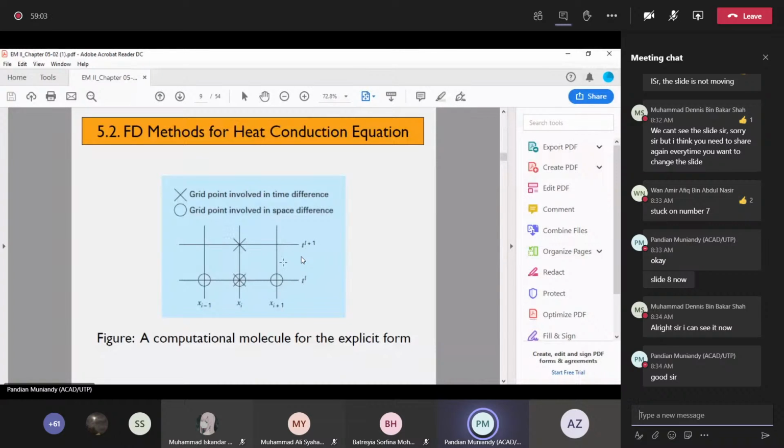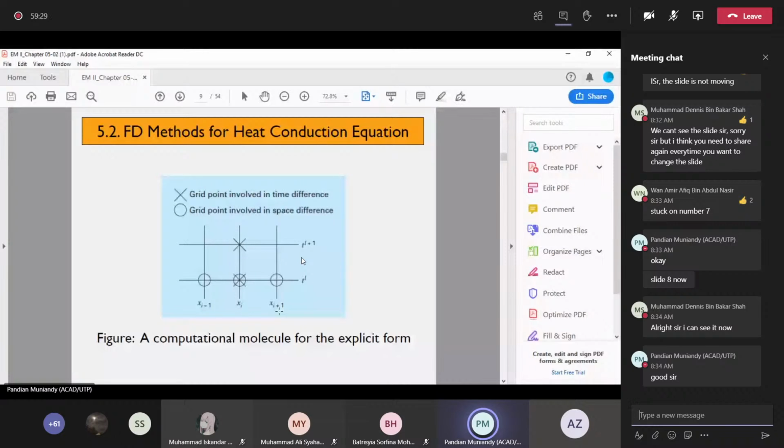The horizontal axis represents the time, the vertical axis is x. So x i minus 1 is the previous one, x i is the current one, x i plus 1 is the next one.